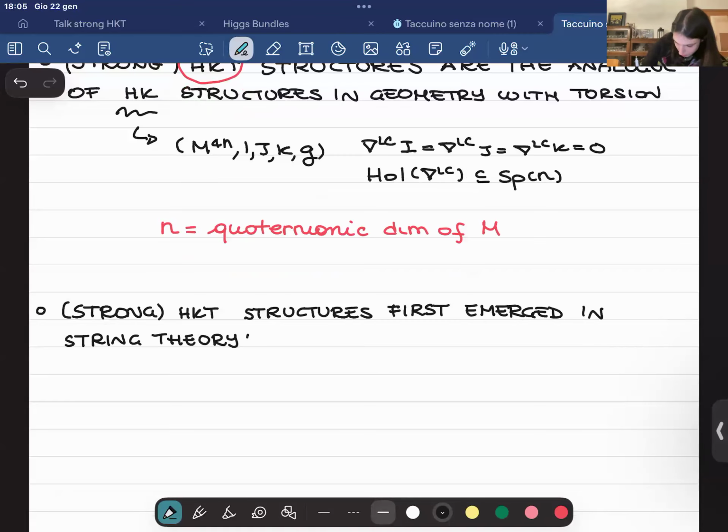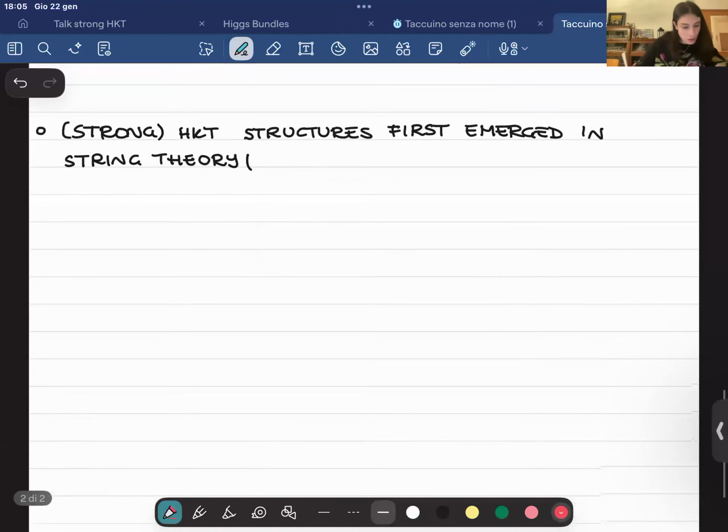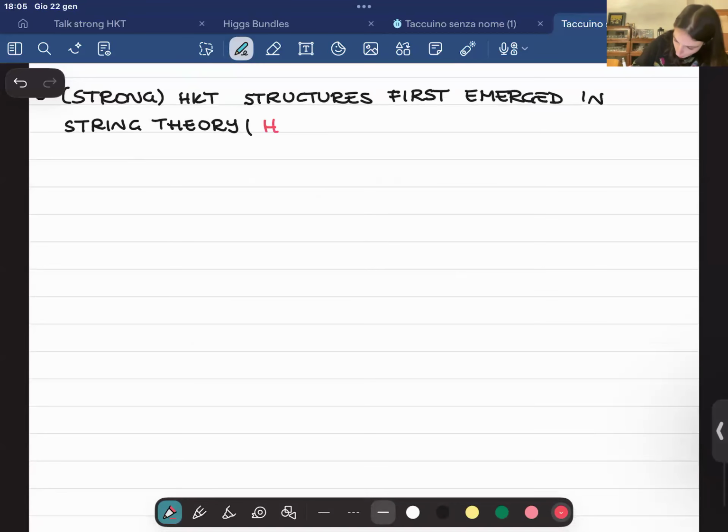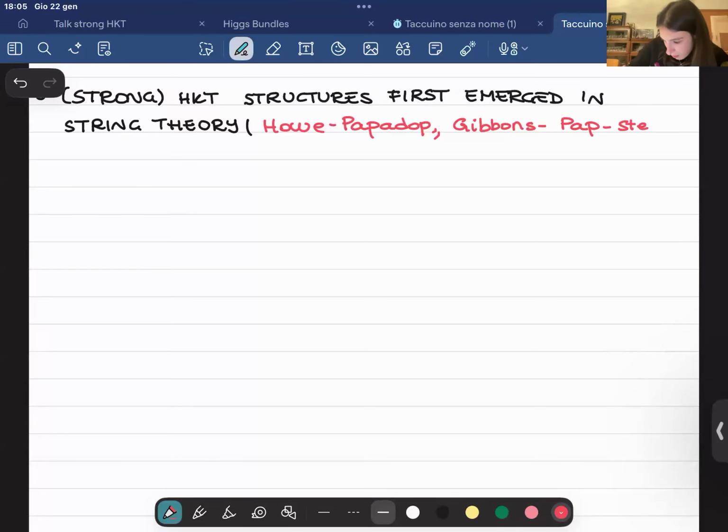And I should mention the foundational papers, which are the papers of Papadopoulos and Gibbons, Papadopoulos, and Stelle. But there are many others, let's say.